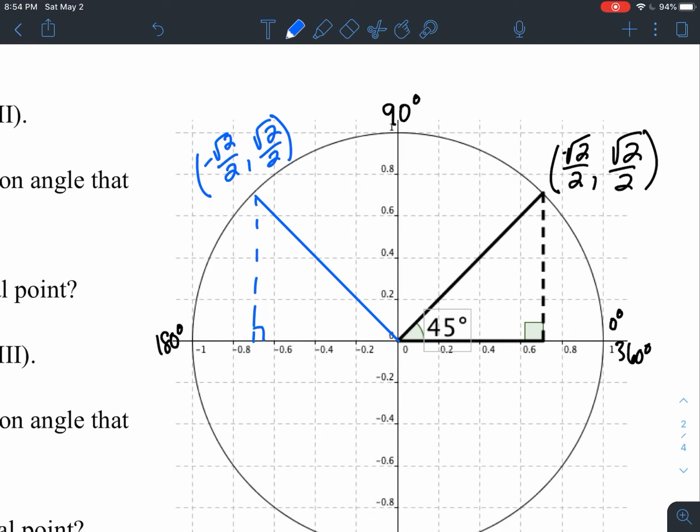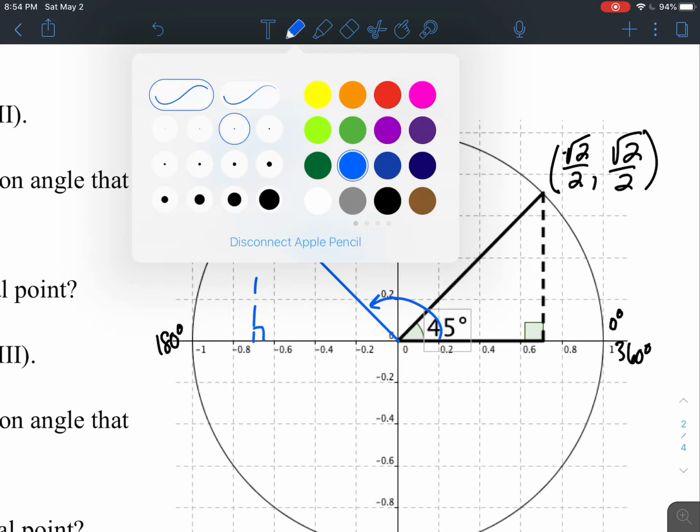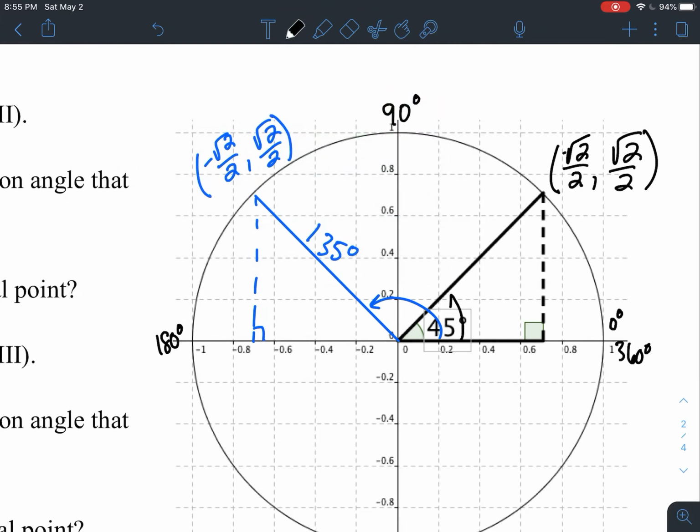Another way to think of it is that each of these slices is 45 degrees. So 45, 90, 135. The first one that we looked at, 45 degrees, is this angle. The blue one, the second one we've done here, is 135.